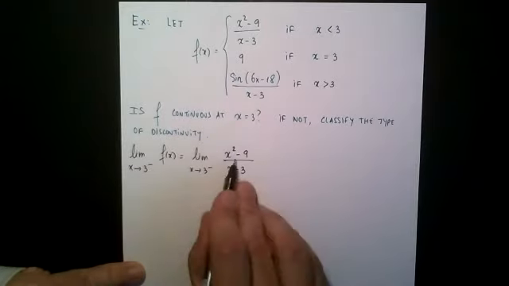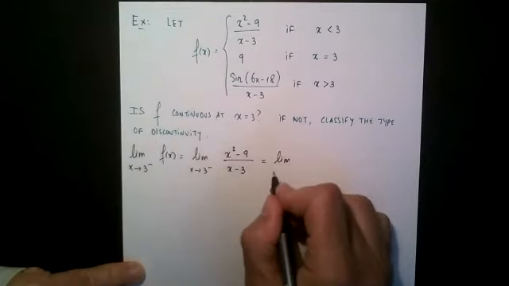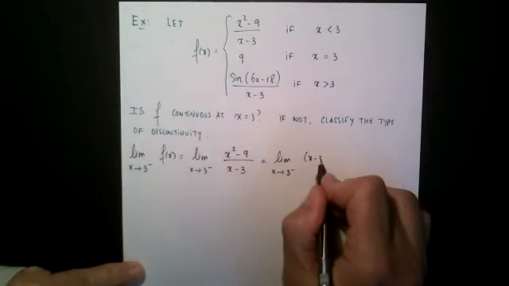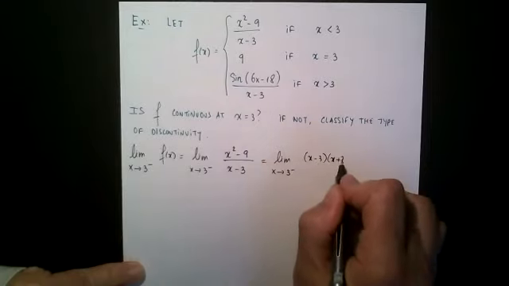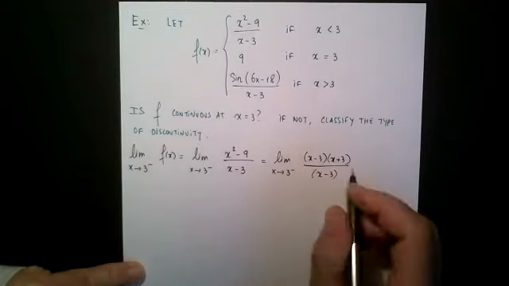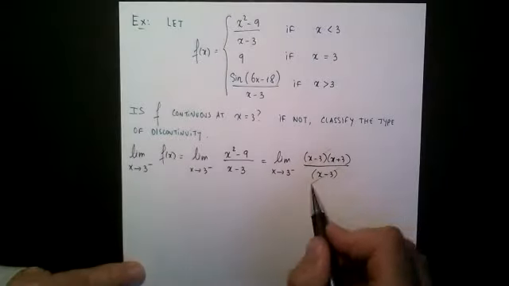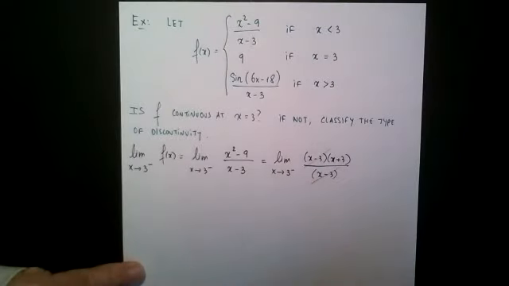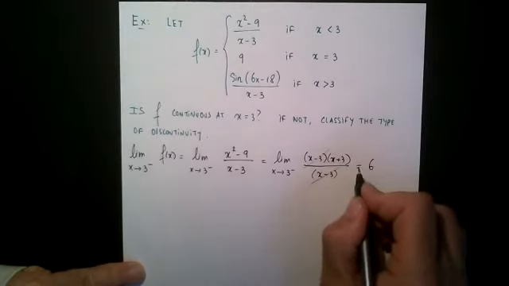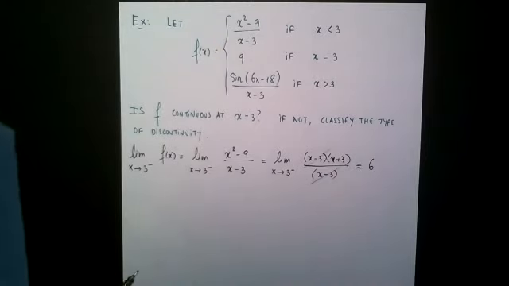We plug in 3 and we see that it's 0 over 0. So I factor: x minus 3 times x plus 3, and on the bottom, x minus 3. Cross out the x minus 3's. Plug in 3 inside, you get 6. The limit from the left is 6.